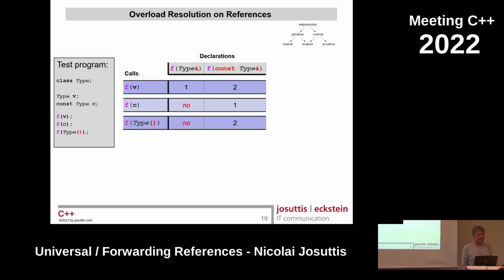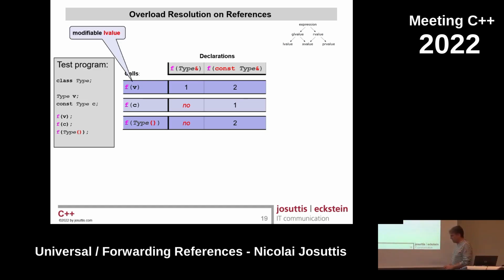Okay, let's see whether you got all the rules. We have here a declaration on top, a function f overloaded for a non-const L value reference and a const L value reference. On the left-hand side, we have a class, and we create a non-const object and a const object of that, and then we try to call the functions also with a temporary object. And this table shows you what is possible, what does compile and which priority it has.